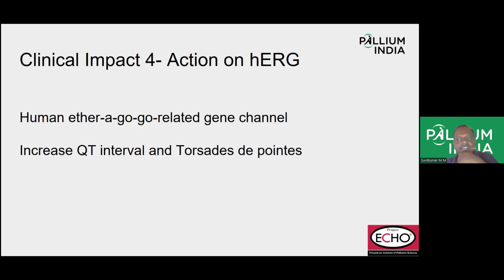Okay, and it can actually increase the QT interval, which can lead on to Torsades de pointes, to ventricular fibrillation, and to sudden death. Most of the time, Torsades de pointes may not cause ventricular fibrillation, but sometimes it can cause ventricular fibrillation and end in death of the patient.